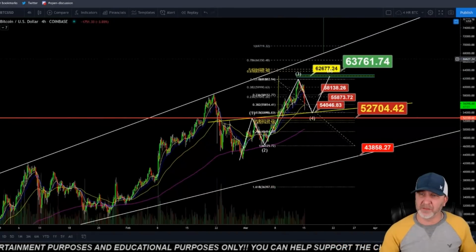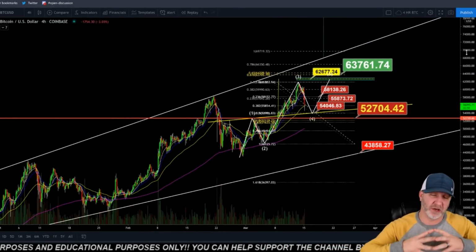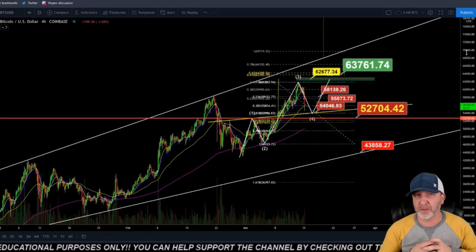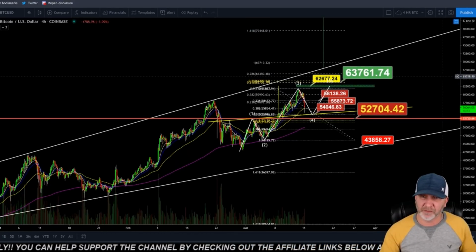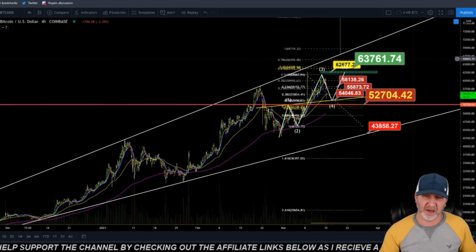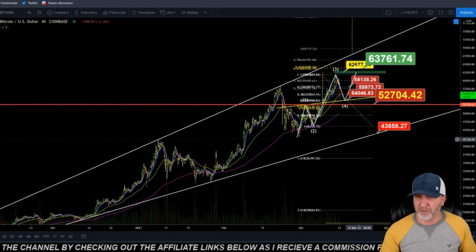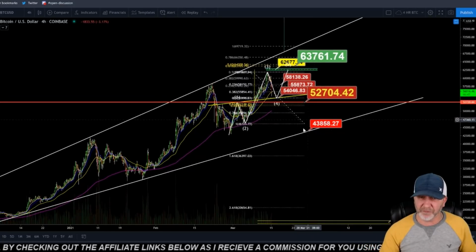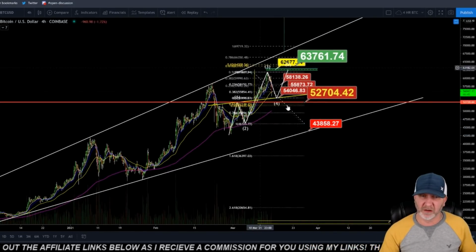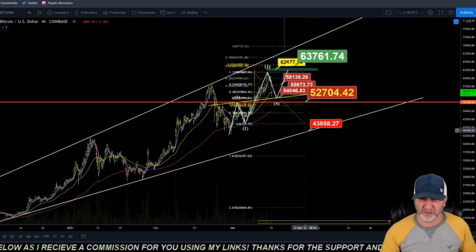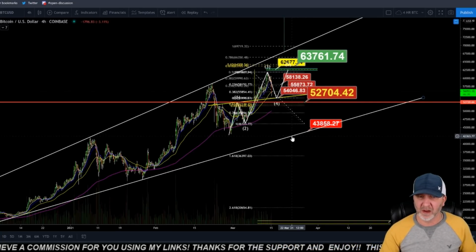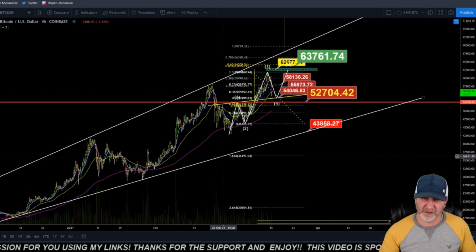Let's look at the big, this is the macro picture. I know people are talking about $100,000 Bitcoin, and on the bearish side, we could be going much further. So looking at this as a rising wedge, if we come back down to this range here to retest the bottom of this, it would be around the 43.8, 44,000 range, depending on how steeply this trend line is sloped.